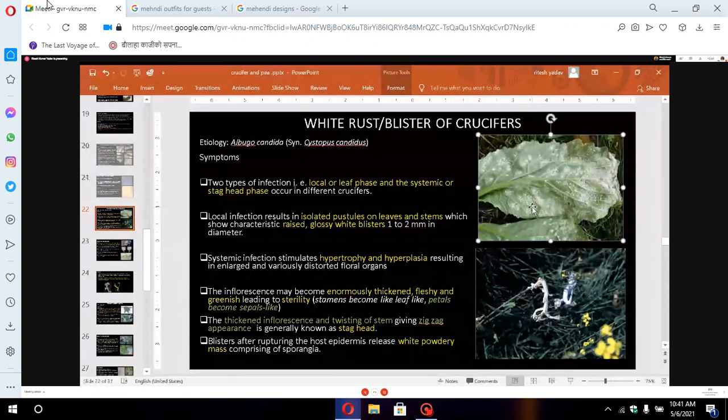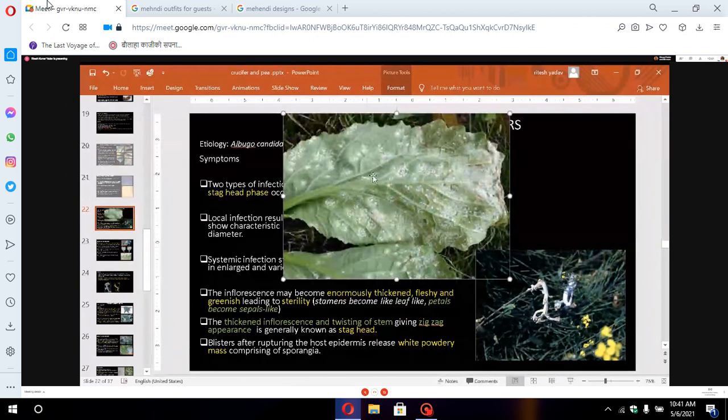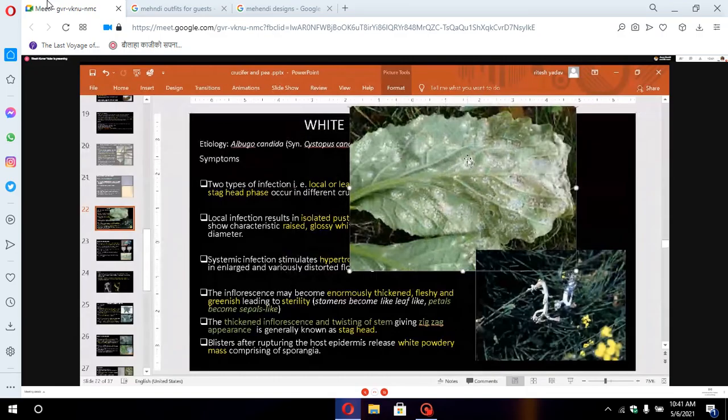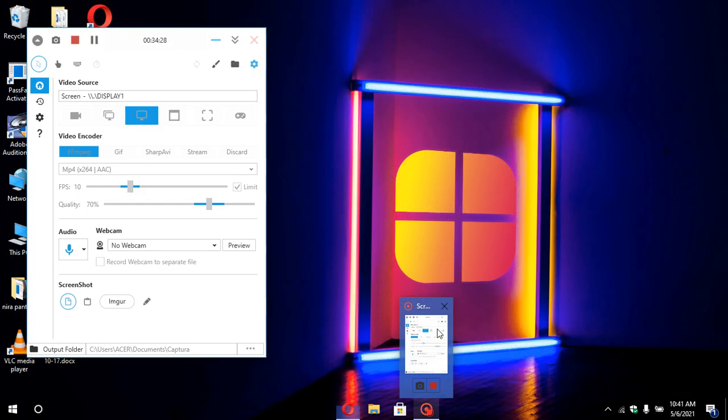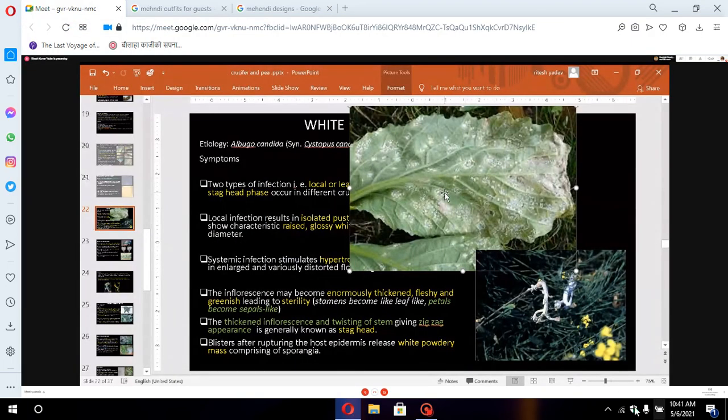In many books or papers you will find it as Cystopus candidus. There are two kinds of infection. The local infection is prominently seen on the lower surface of the leaf as isolated small white pustules, with a large number of whitish creamish pustules on the underside of the leaf.